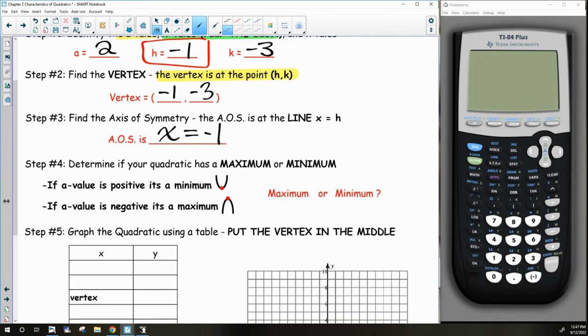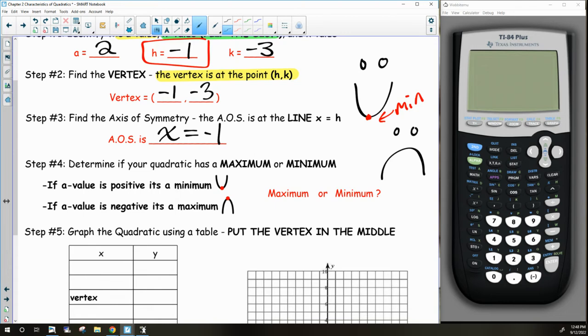So how do I remember this? Well, if you're having a positive day, you usually have a smile on your face, don't you? You're having a good day, you're feeling positive, you're smiling. And smiley faces have a vertex that's down at the bottom, a min. If your A value is negative, we say you're having a negative day, it's a bad day, you have a frown.